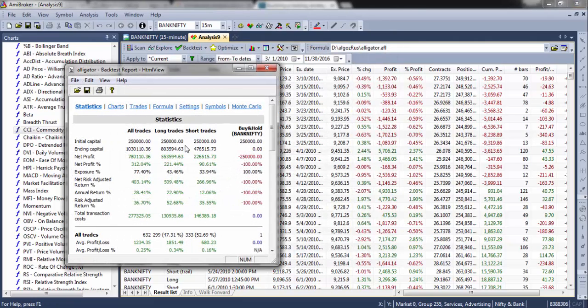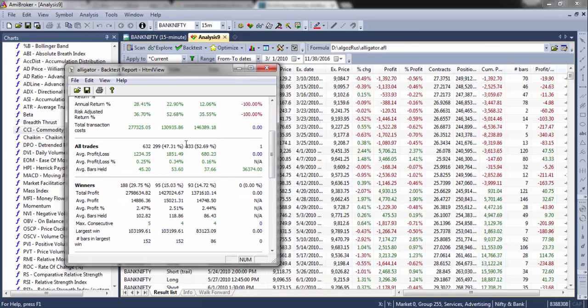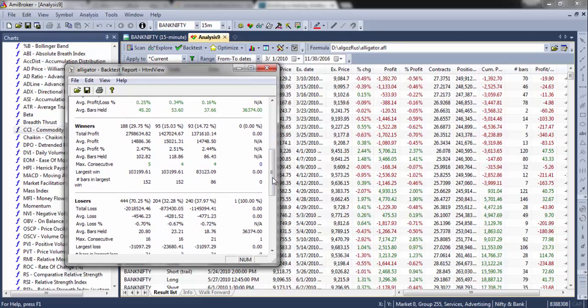That's pretty decent performance, an annual return of 28.41. We had a total of 632 trades generated, of which 30% were winners, so that's a low winning percentage, which is likely the case with most trend following models.